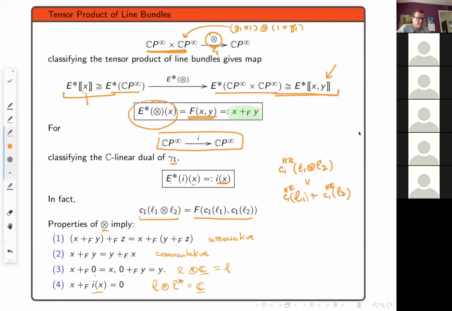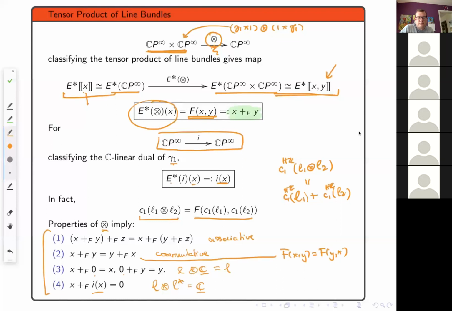So all these properties of the tensor product say that the first Chern class of the tensor product of line bundles has to satisfy certain symmetries. Whatever formula you got for it has to have certain symmetries, and these symmetries are these 4 properties, okay? So if you're confused, if I translate this one in terms of power series, it means that I have to have this, okay?